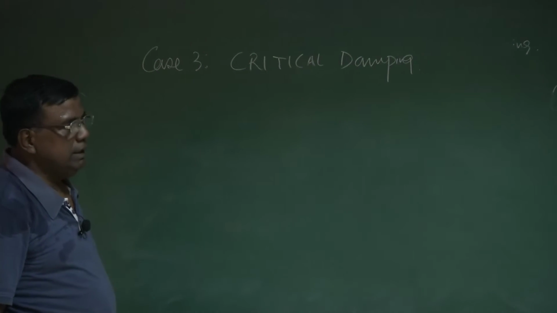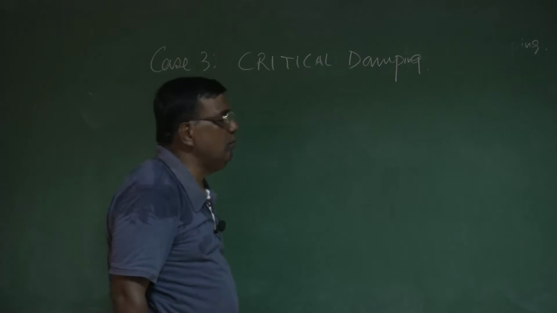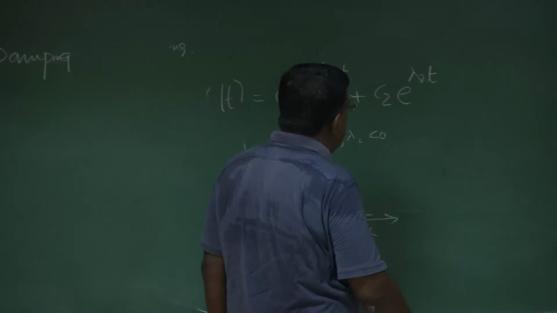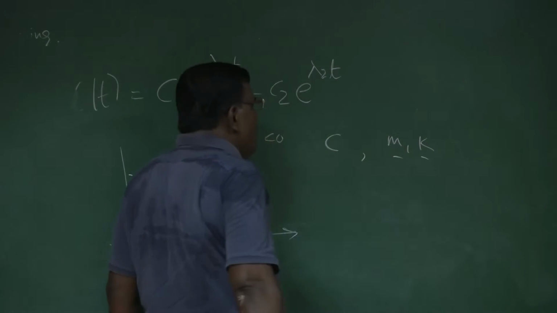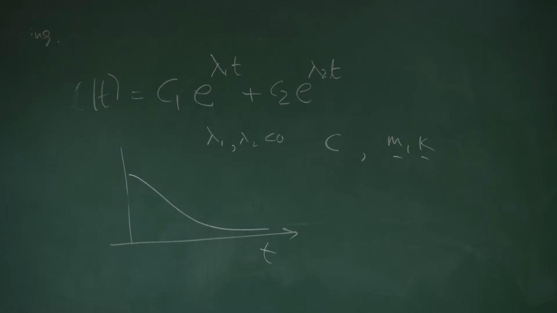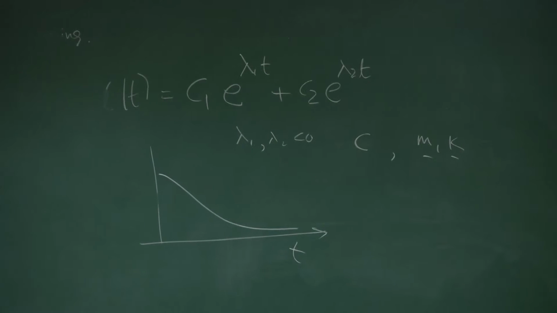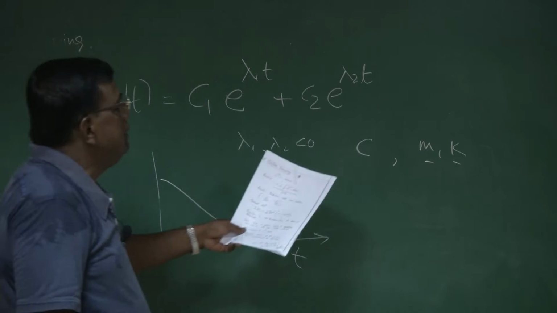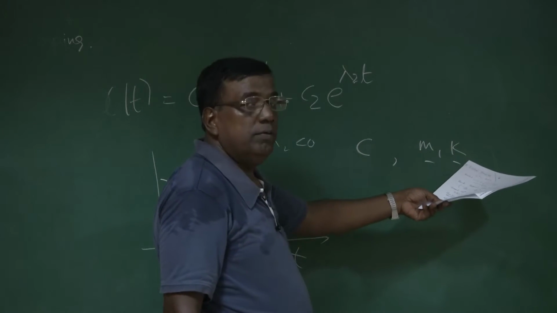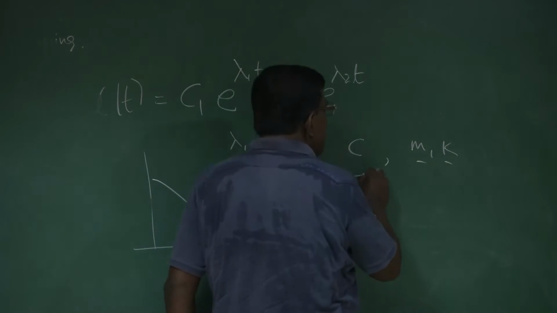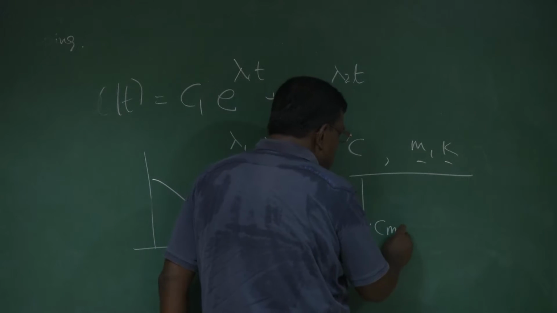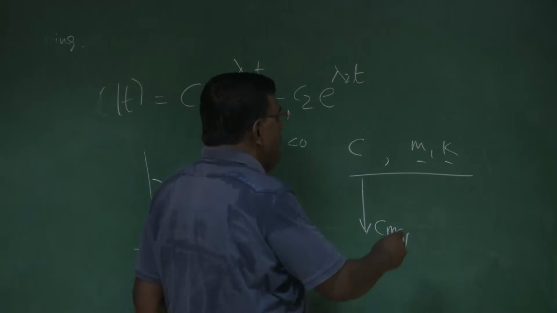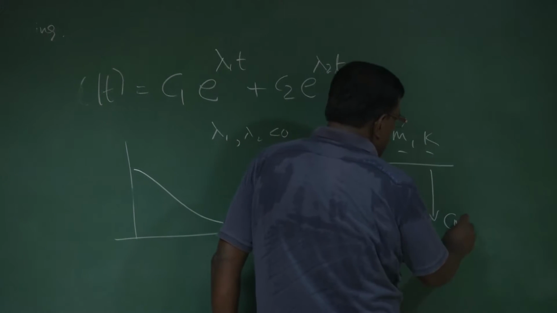Before I come to this, let me take you back to the physical situation. What did we realize? We realized that you have to select the values of C, M and K to get whatever you desire, an oscillatory response or an overdamped response. You have to select C, select mass, and select the value of stiffness. If I want to translate this to aircraft, C will be translated to CMQ, the pitch damping derivative. K will be CM alpha.